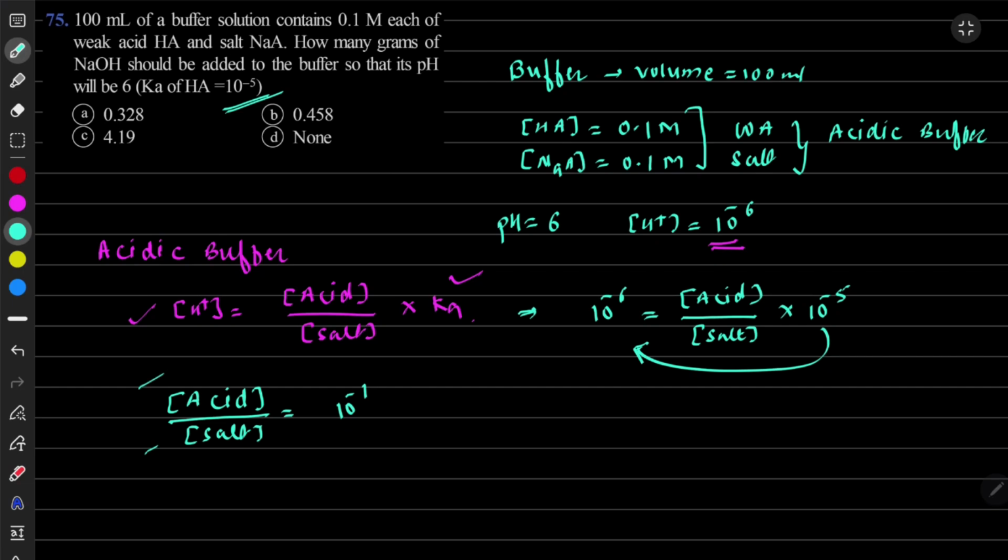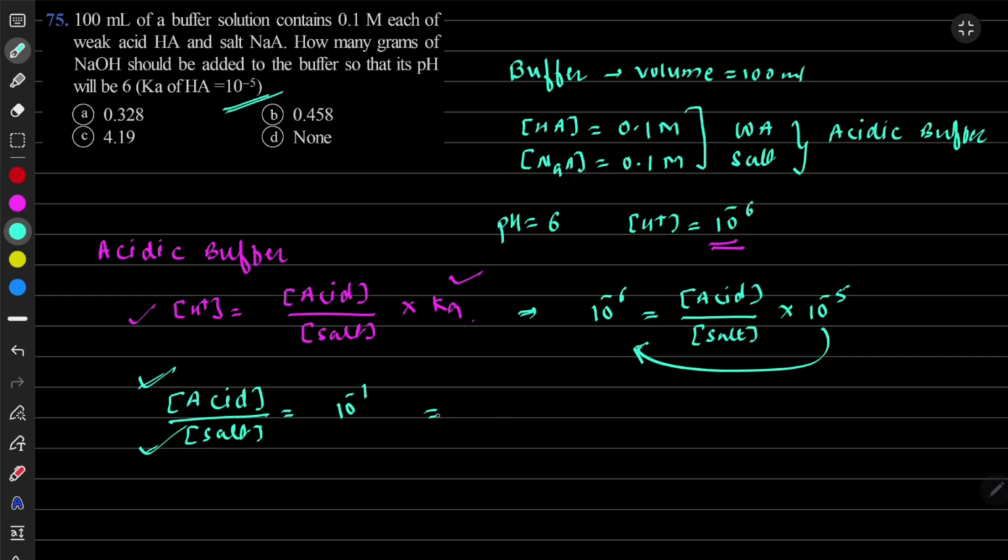Now this ratio of concentration is also a ratio of millimoles or moles. We can consider this ratio as millimoles since the volume is going to be the same for both. So let us consider the initial millimoles of acid.